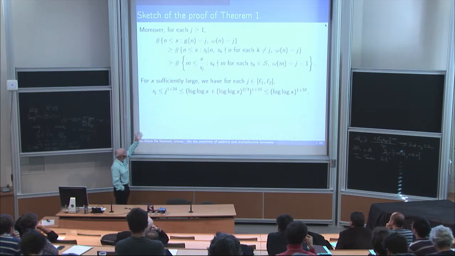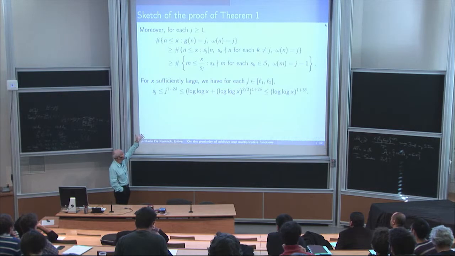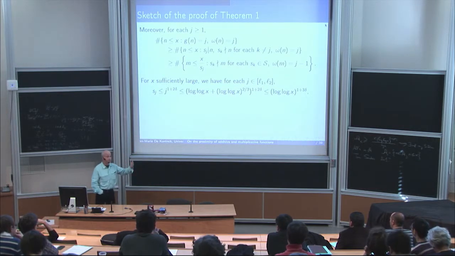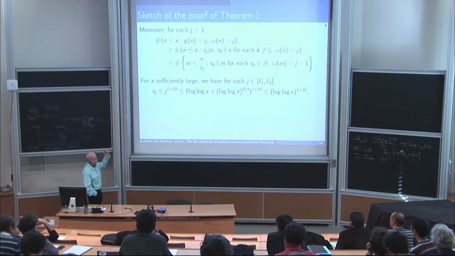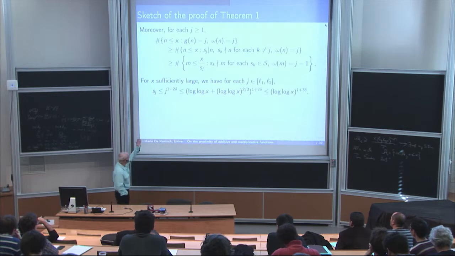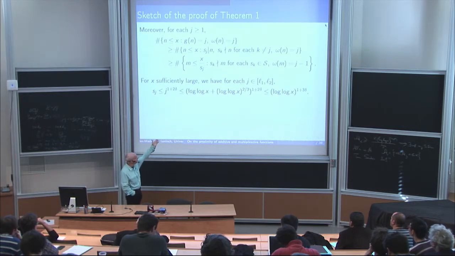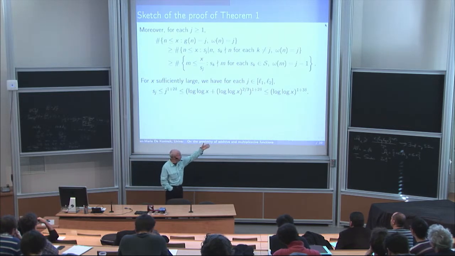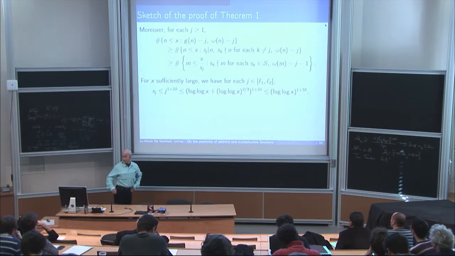So I can assume that S_j is smaller than j^(1+2delta). I could even take plus 3/2 delta, whatever, but I just want to stress that this is possible. And then j, of course, is in the interval, so it's smaller than that. And then if x is large enough, it's smaller than (log x)^(1+3delta).